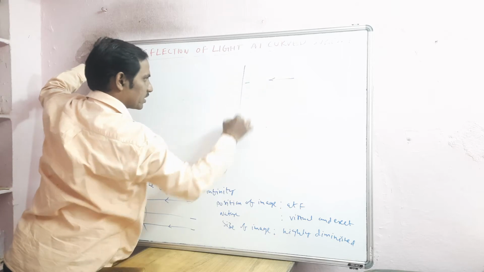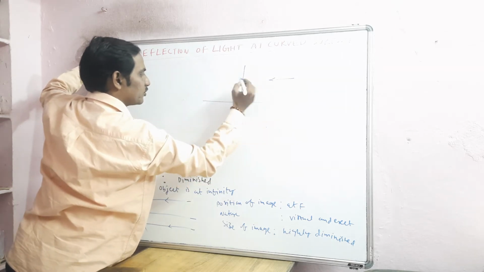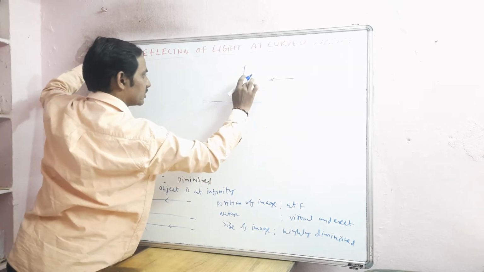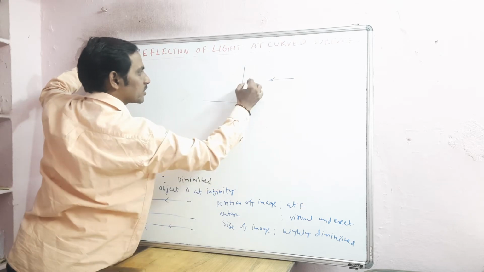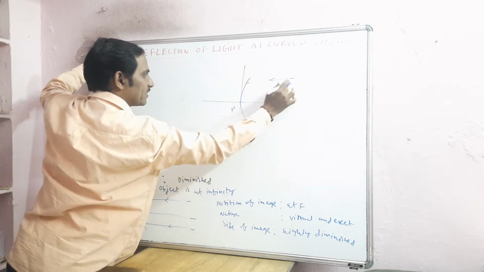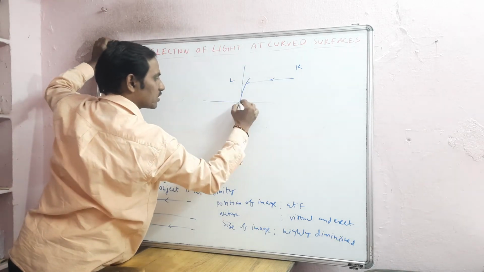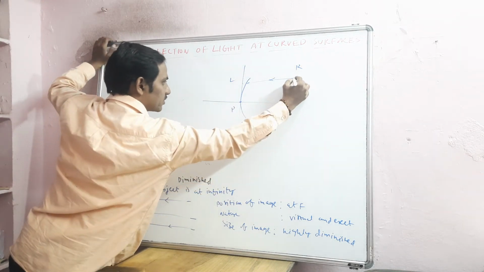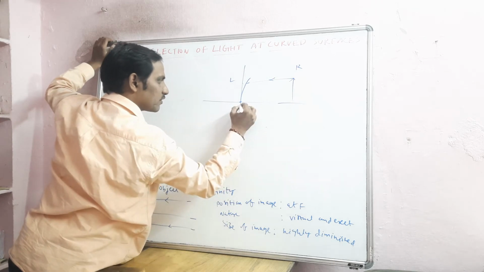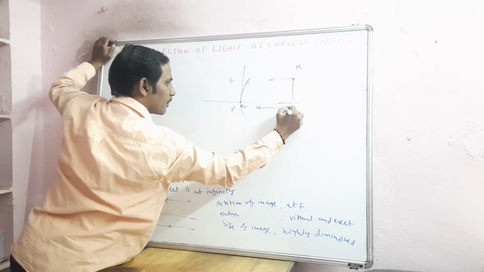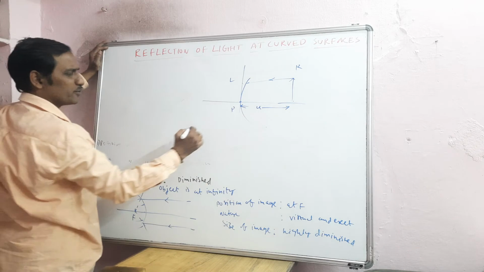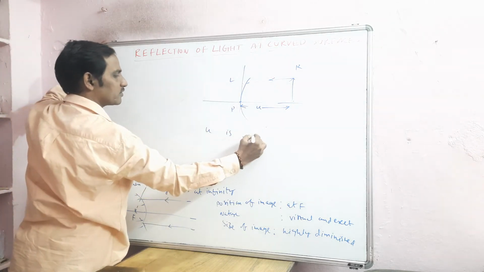But when you take a Cartesian coordinate system, for example a concave mirror here, light rays come from right to left, and you measure the object distance from left to right. In that way also you directly get u as negative.